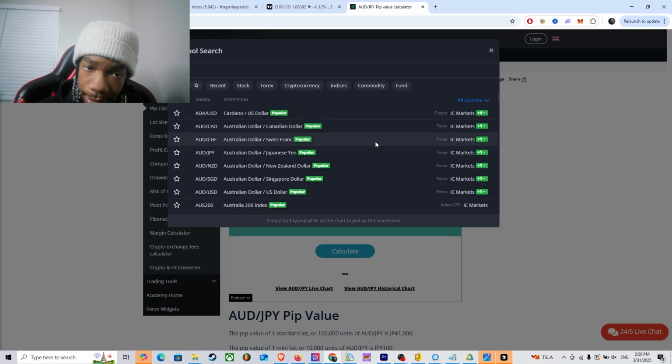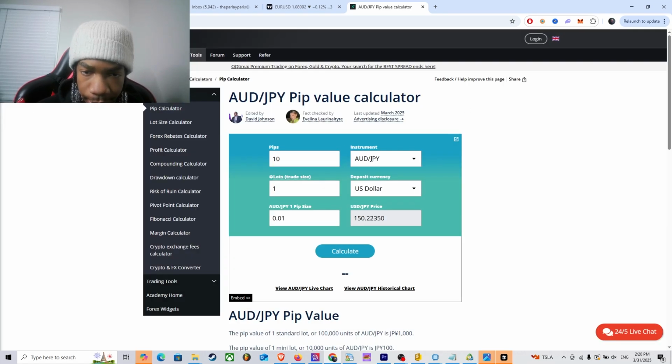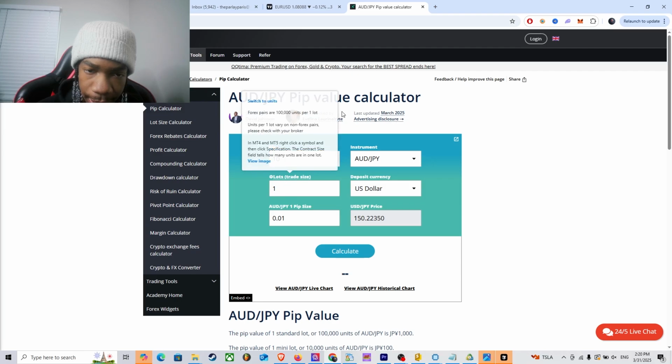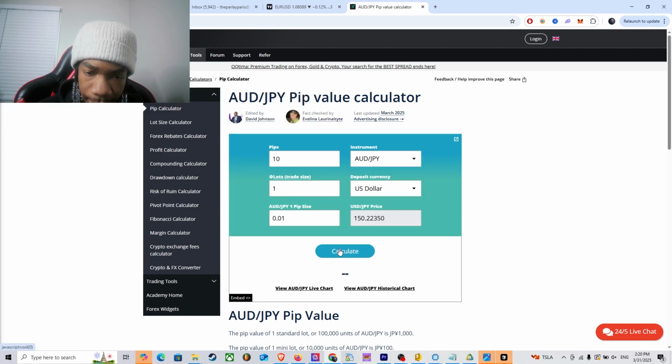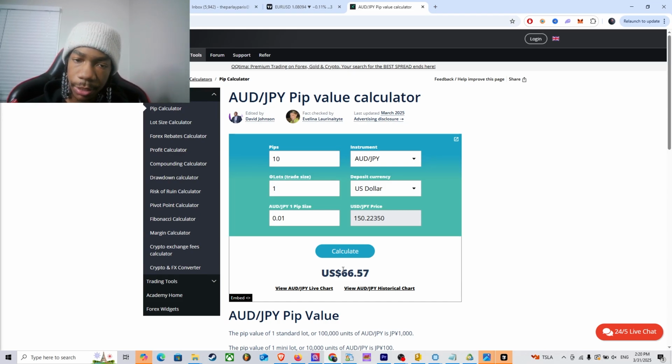With a lot size of $1 and still 10 pips, look how much it is: $66. So it's definitely a difference. When you trade JPY pairs, you want to make sure you pay attention to how much you're risking, because it's not as much. So you might have to double up.